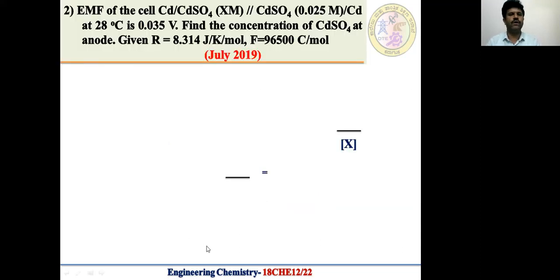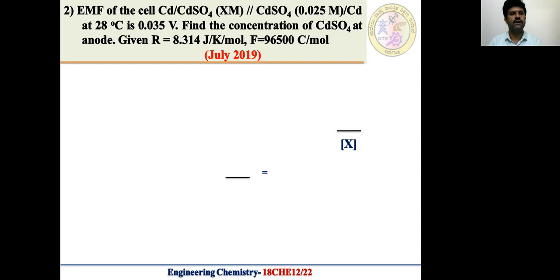Problem number 2. EMF of the cell Cd | CdSO4 of X molar || salt bridge || CdSO4 of 0.025 molar | Cd at 28 degrees Celsius is 0.035 volt. Find the concentration of CdSO4 at anode.